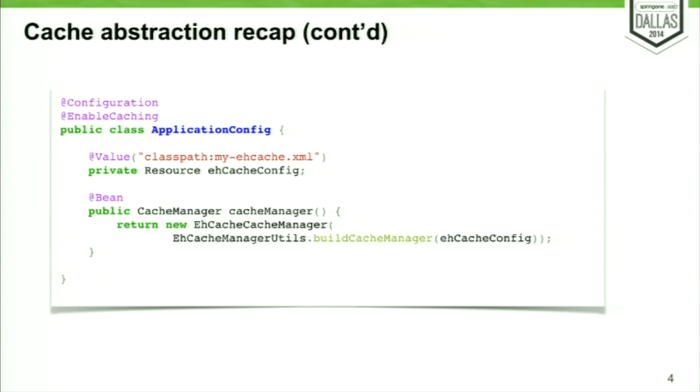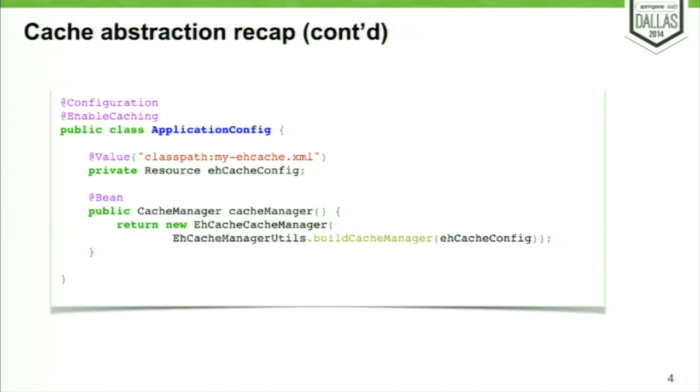So there is a central SPI here, which is the cache manager SPI. That's the Spring CacheManager interface, and there are several implementations that Spring Framework itself comes with, or implementations provided by other projects around us for other kinds of cache backends, like for Gemfire, Redis, and so forth.